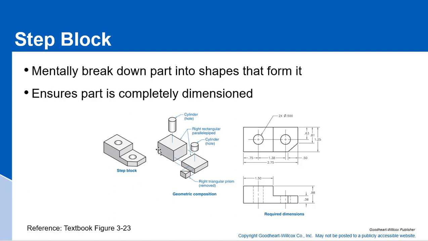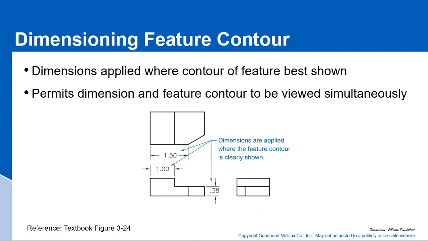You develop a block, you extrude a block off of it, then you make a cut here to cut it off, and then you generate these holes. Each one is a feature, and each one requires a dimension. So all of these features that you see here will have a dimension shown over here. It's just a way of making sure that you get everything dimensioned properly.